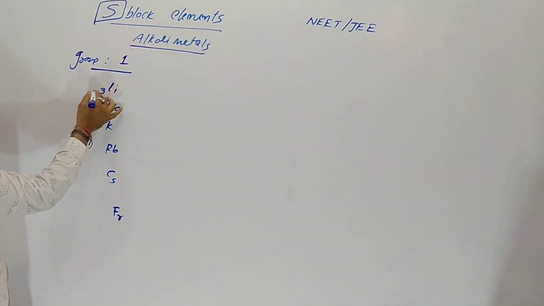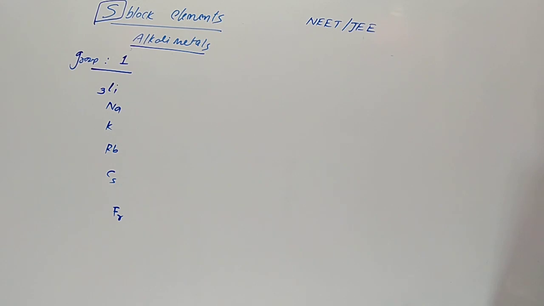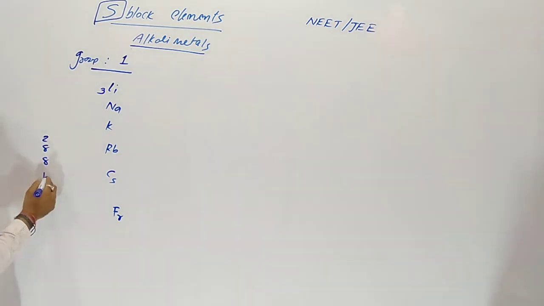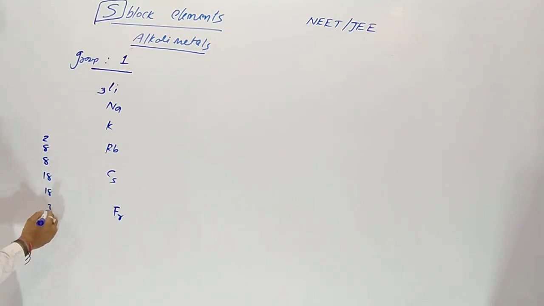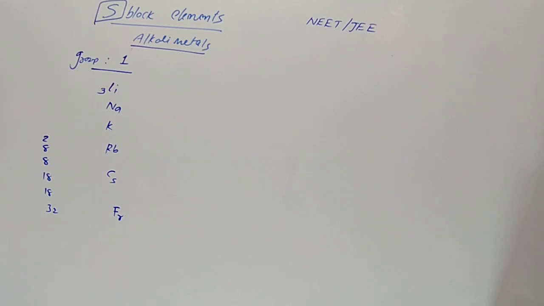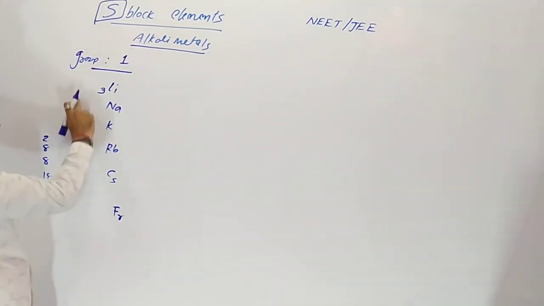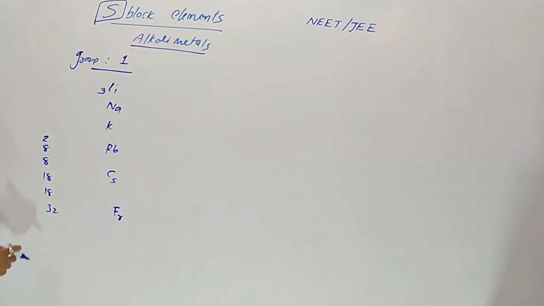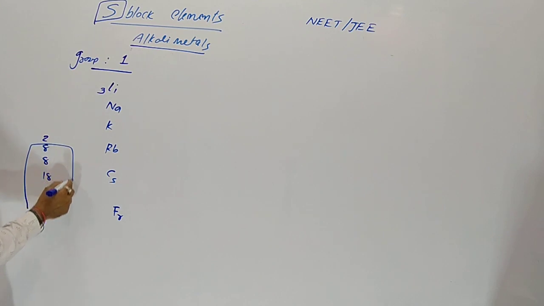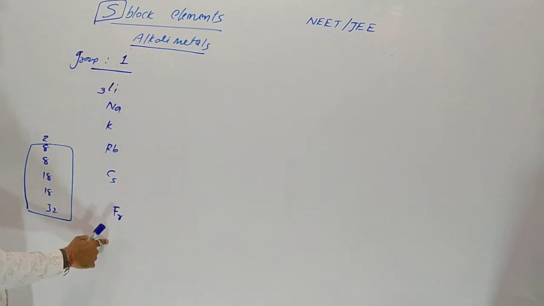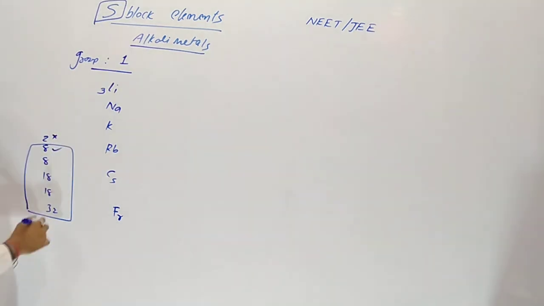Atomic number of lithium is 3. I am giving the trick: 2, 8, 8, 18, 18 and 32. Clear? Hydrogen is not a member of alkali metals. Remember, the total number of members is 6, so we use the last 5 codes, one less.